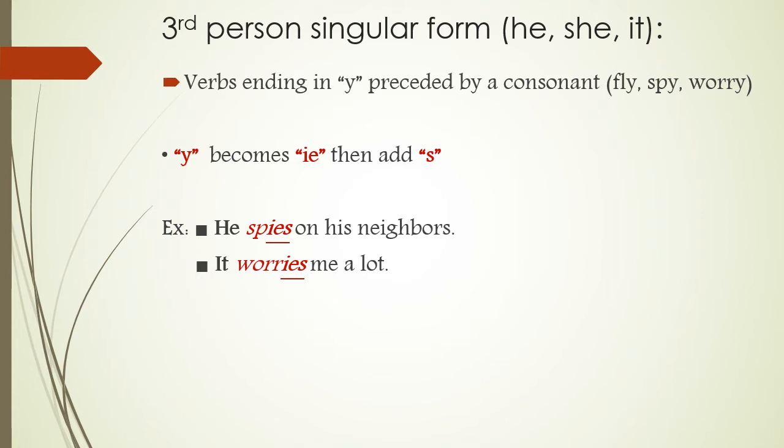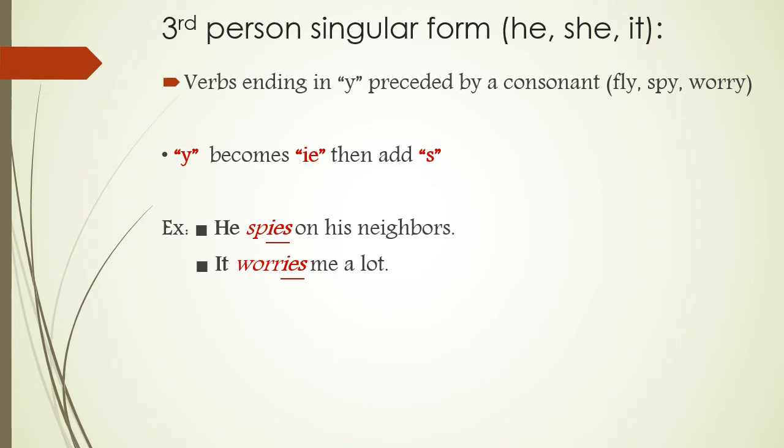Another example, it worries me a lot. Also, it is a singular pronoun, so we have to add s to the verb, but because the verb is worry and it ends with y, we change y into ie and add s. And please remember that once you want to change the y into ie, you have to look before the y.